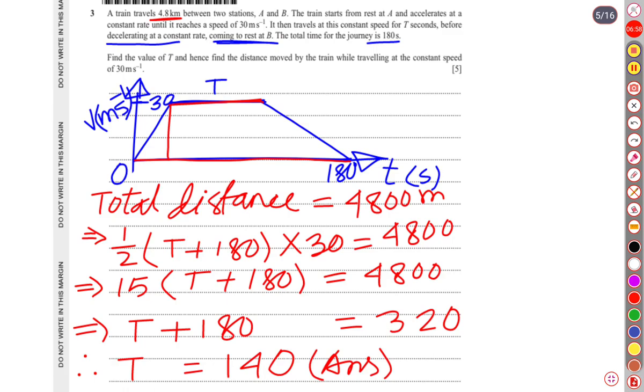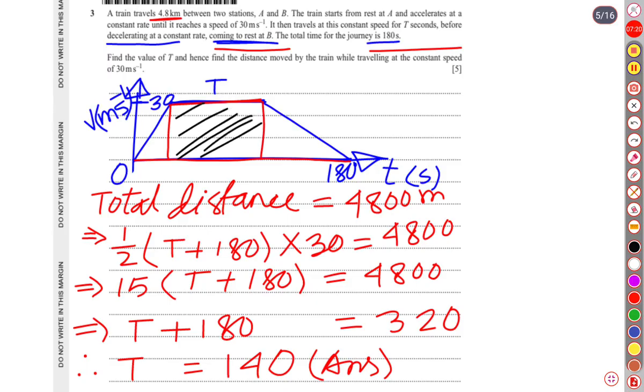Then the next part is they have told us to find the distance traveled by the train while traveling at the constant speed. That means we will have to find the distance between these two straight lines, this area is to be found.